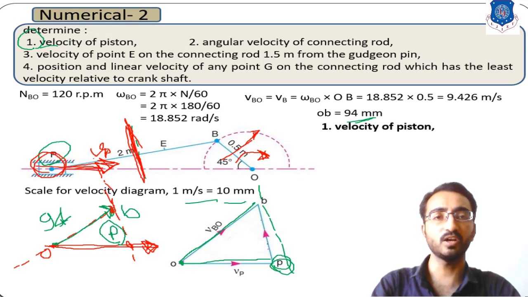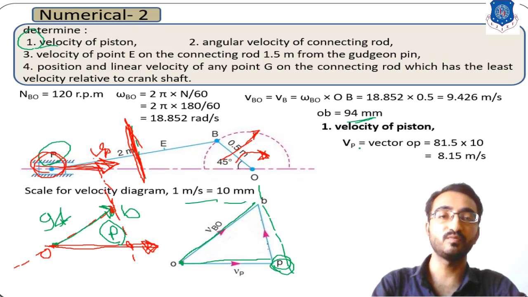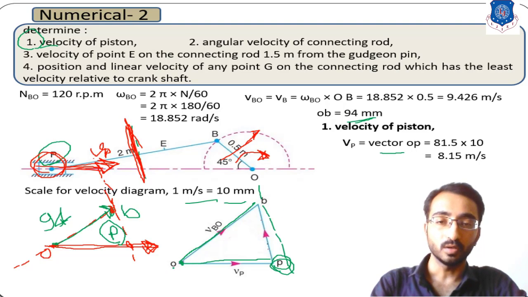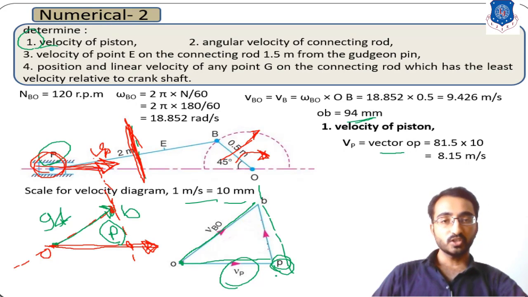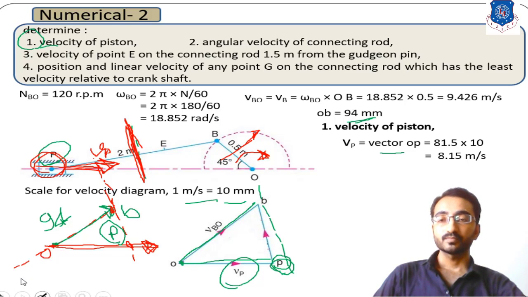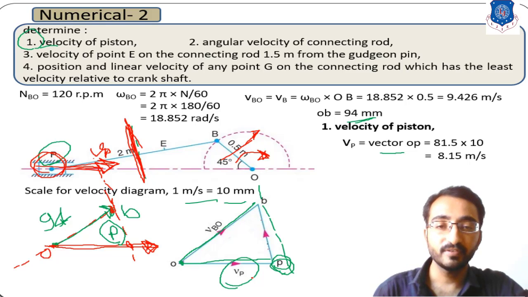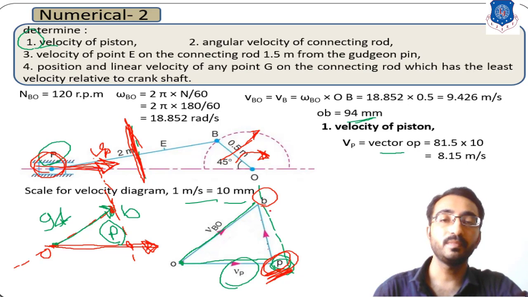Velocity of piston is calculated as Vp equal to vector OP. Now the question arises that if you want to calculate the velocity of point P, the velocity of point P can be measured with PB as well as from OP.